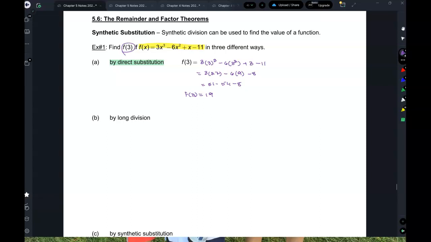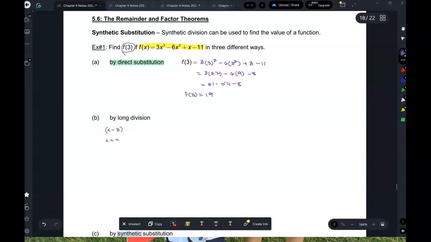Okay? Another way you can do this is by long division. So you want f of 3, right? So you imagine that came from a divisor, x minus 3, that when you set it equal to 0, you get x equals 3, right? Yeah?